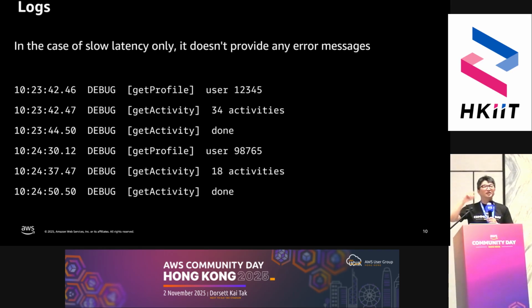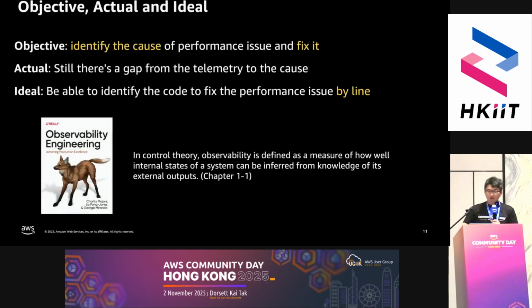As long as there are no errors, you just see the same messages from the log solutions, even if you have latency problems. So logs, distributed traces and metrics still don't provide any information about the cause of the latency issue. So this is a problem.